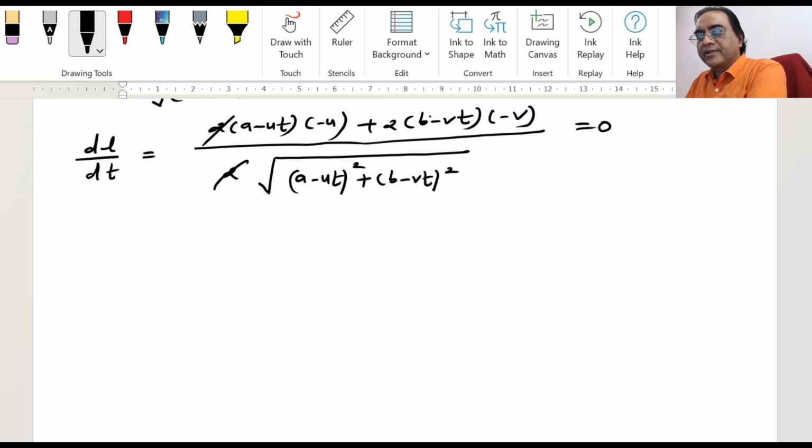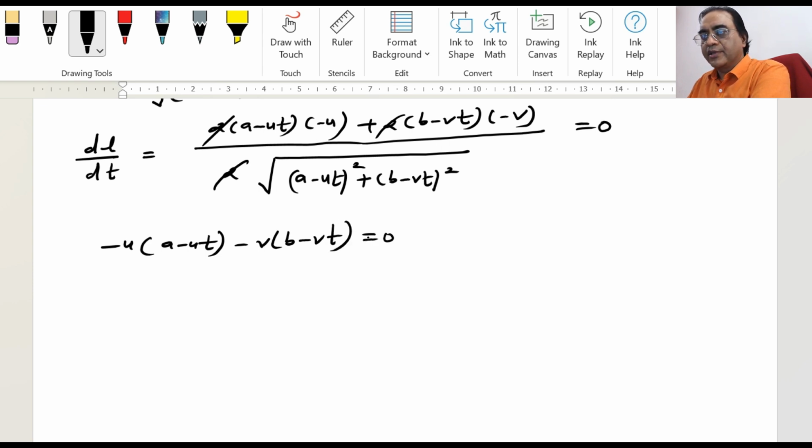Two can be cancelled. So we have got this equal to 0.